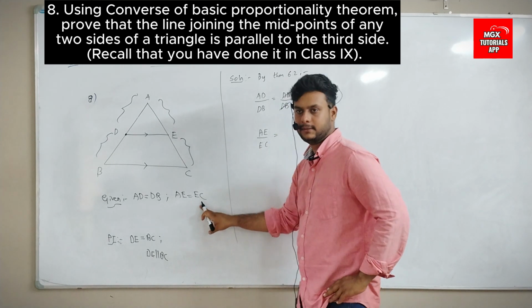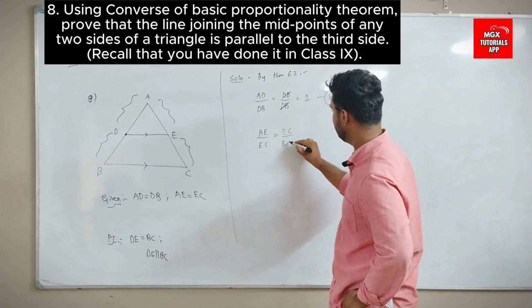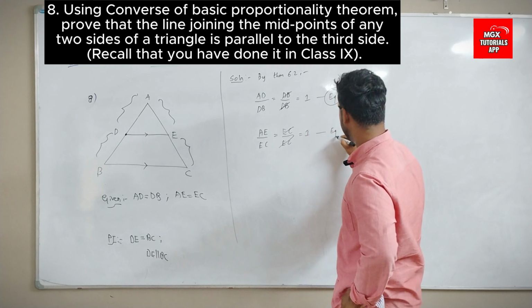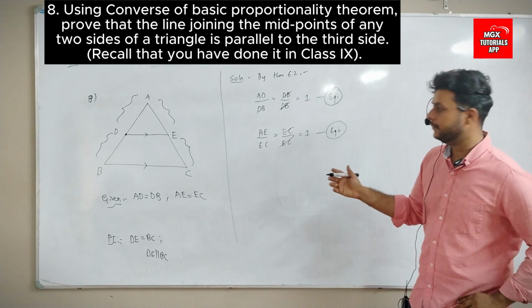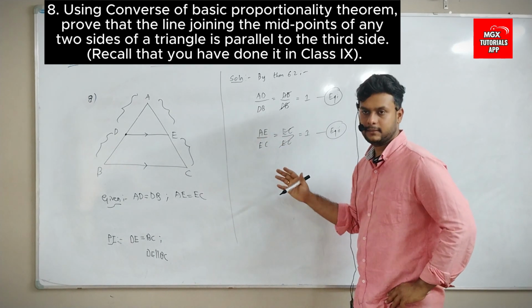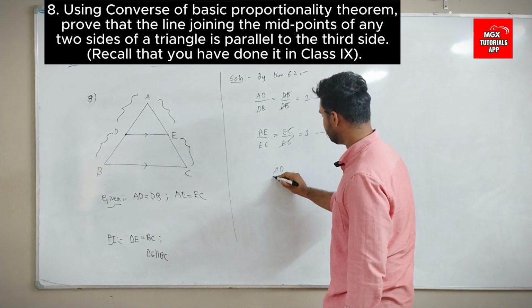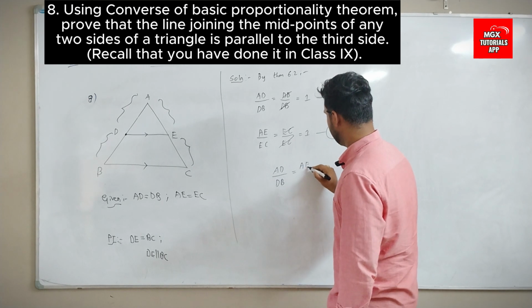Okay. Similarly, AE by AC. AE is equal to EC. So EC by EC, if I write, cancel, again is equal to 1. Equation 2. Correct? Therefore, AD by DB is equal to AE by EC. We know that AD by DB is equal to AE by EC.